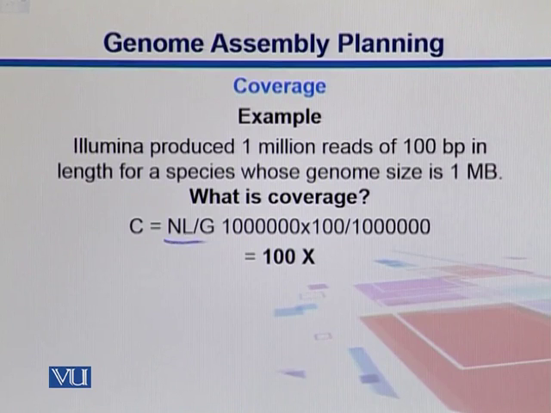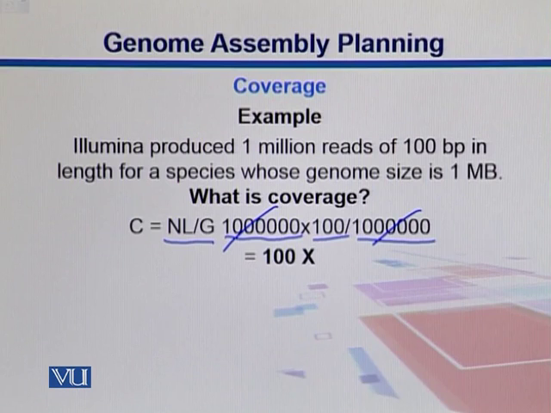N is the number of reads produced, 1 million, times the read length, which is 100, and G is the genome size, 1 MB or a million base pairs. When we simplify that, we get 100x. So this genome has been covered 100x, and each nucleotide is sequenced 100 times.